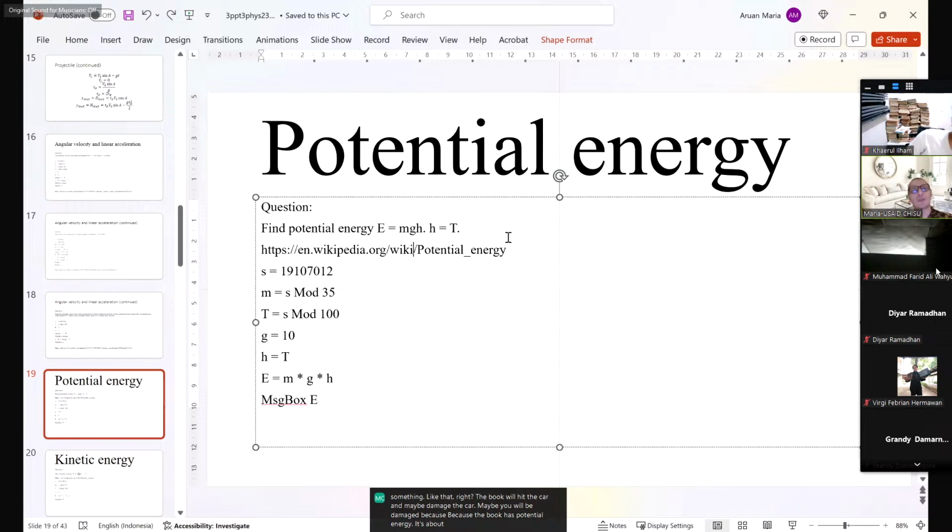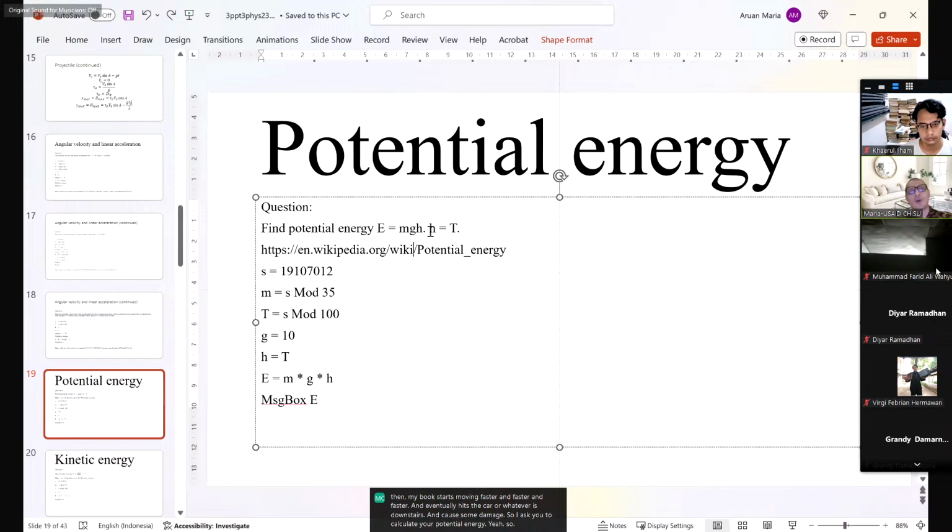It's above the ground, and when it falls, potential energy is converted to kinetic energy, and the book moves faster and faster, and eventually hits the car and causes some damage. So I ask you to calculate your potential energy.